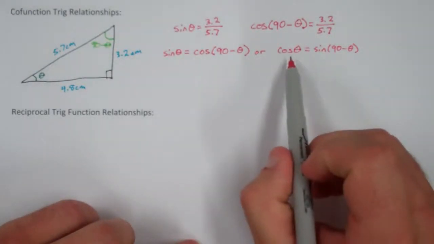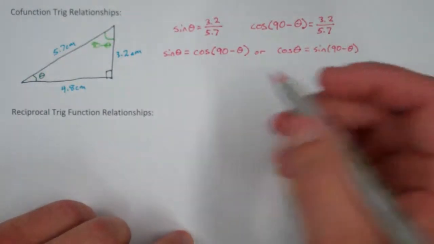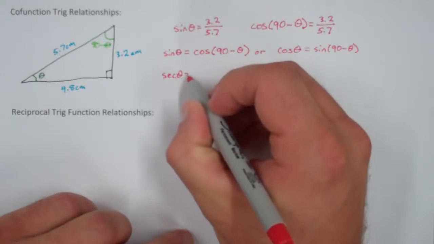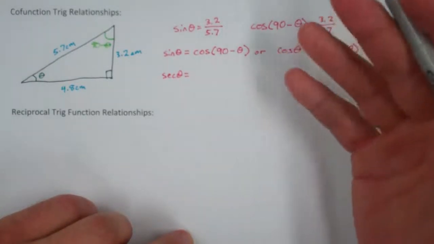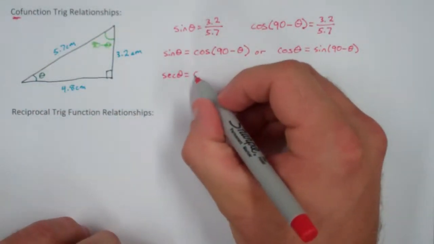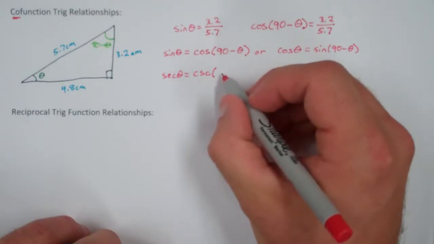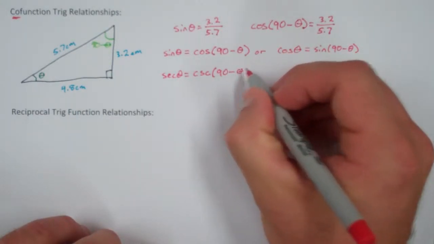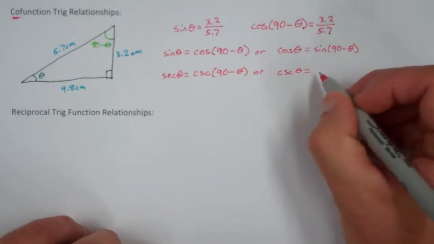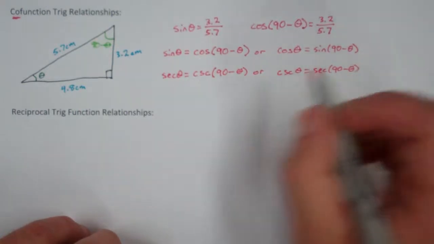So we've got sine and cosine here, and then we can also do secant and cosecant. So the co part is the important thing here. These are cofunction relationships. So the secant of theta will be equal to the cosecant of 90 minus theta, or you could also do the cosecant of theta equals the secant of 90 minus theta.